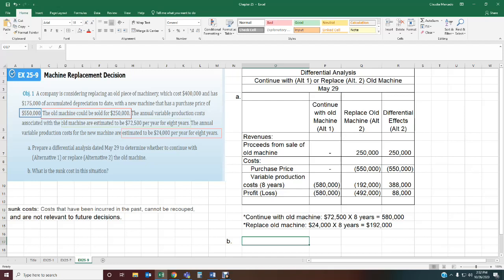Okay, I'm going to give you a couple of seconds to look over the information. Okay, remember, it's a cost that has been incurred in the past, cannot be recouped, and is not relevant to future decisions.